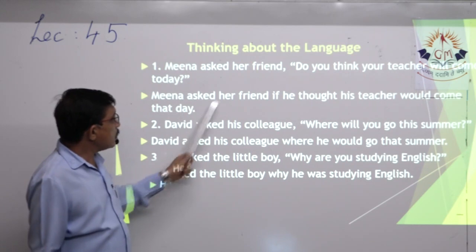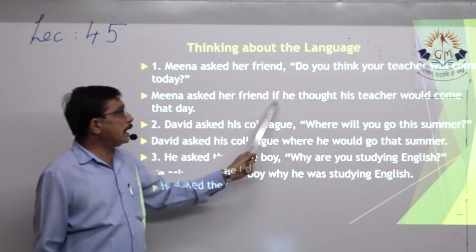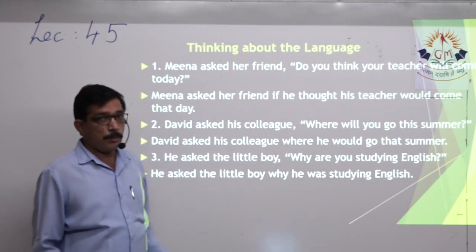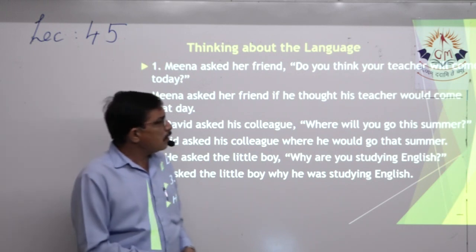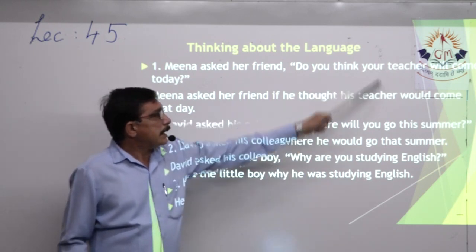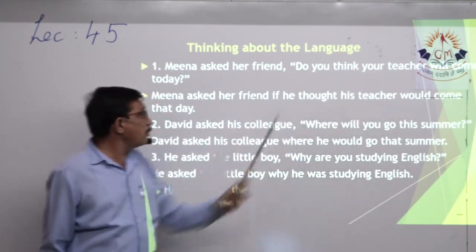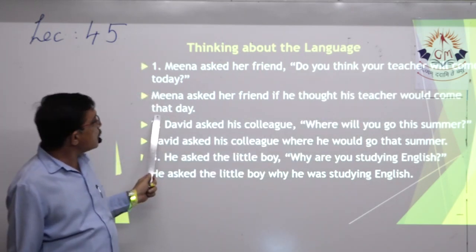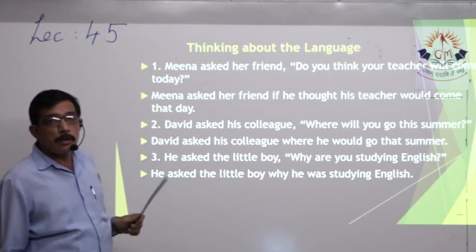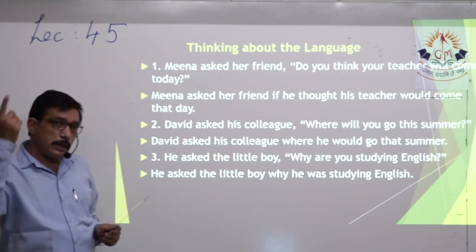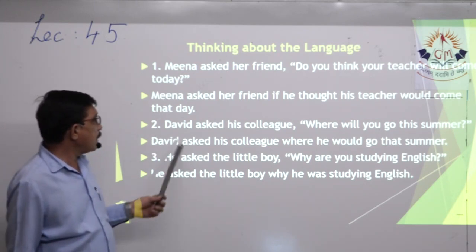Meena asked her friend, do you think, if or whether, if he thought, then the rest of it remains the same. Teacher will becomes would, teacher would come. Today, this day, will become that day when it becomes indirect.